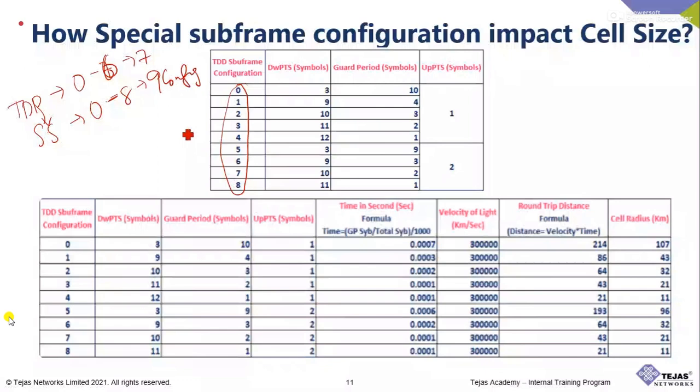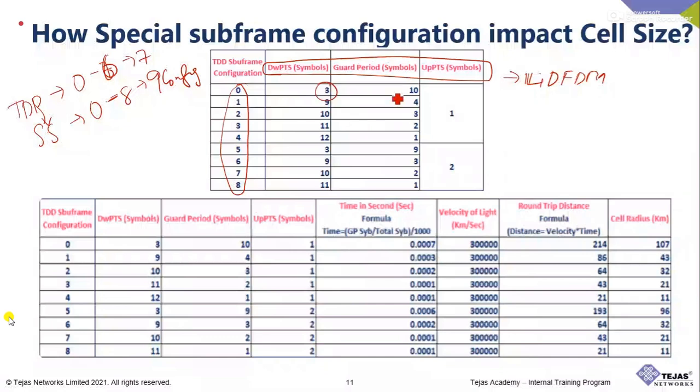In configuration 0, 3 is given to downlink, 10 is given to guard period, and 1 is given to uplink. So you can see how they have mixed and matched these configurations. You can see the guard period here has been given more. Here the guard period is given less.